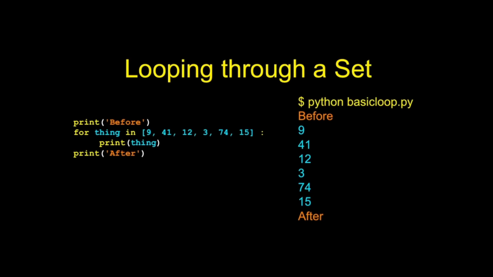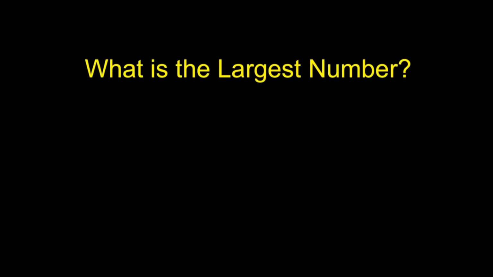So to understand how these loops work, I'm going to ask you to function as a program. I'm going to show you some numbers in succession, and I want you to mentally figure out what the largest number is, but more importantly, think about how your brain is solving this problem, given that I'm only going to show them to you one at a time for a little while.